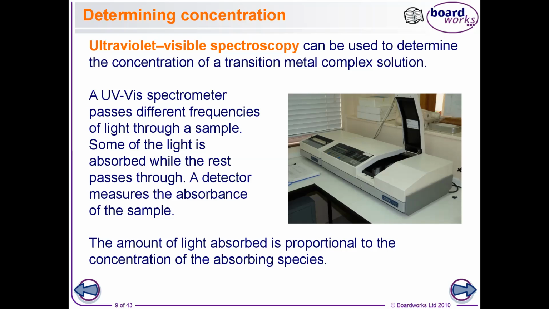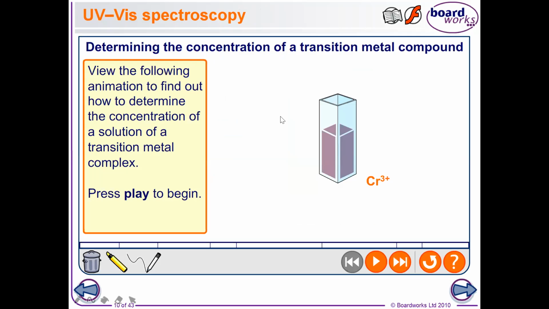Okay, let's have an example. Now, let's try to determine the concentration of a transition metal compound. Let's say chromium 3+. By the way, this is what you call a cuvette, C-U-V-E-T-T-E. This is a transparent glass, and then you have to put your sample inside the cuvette. Supposedly we have chromium.